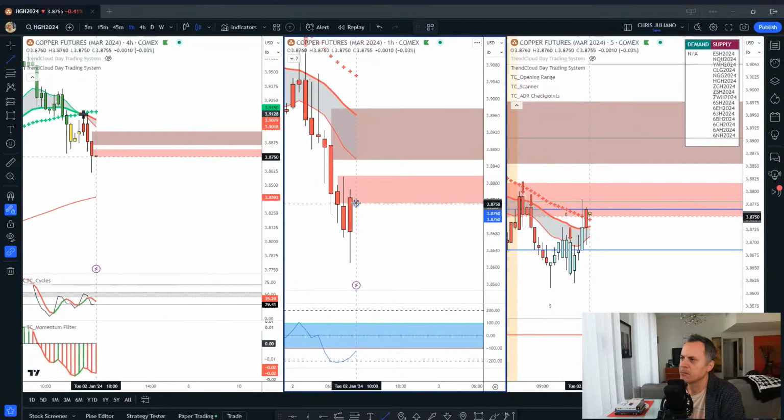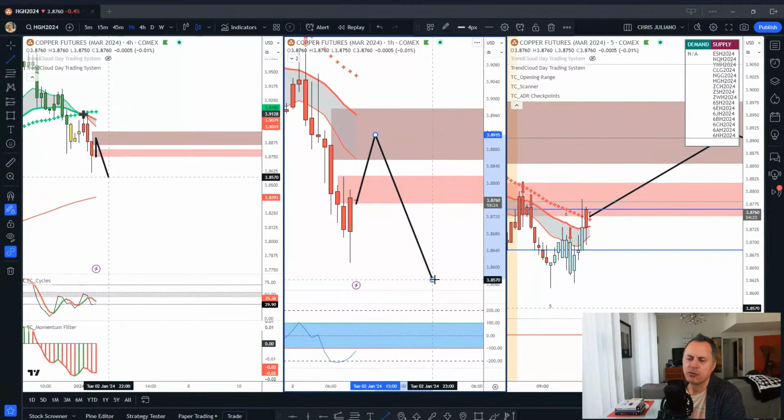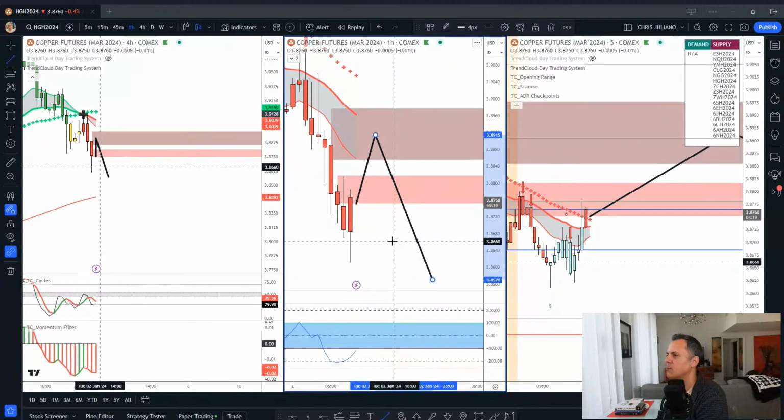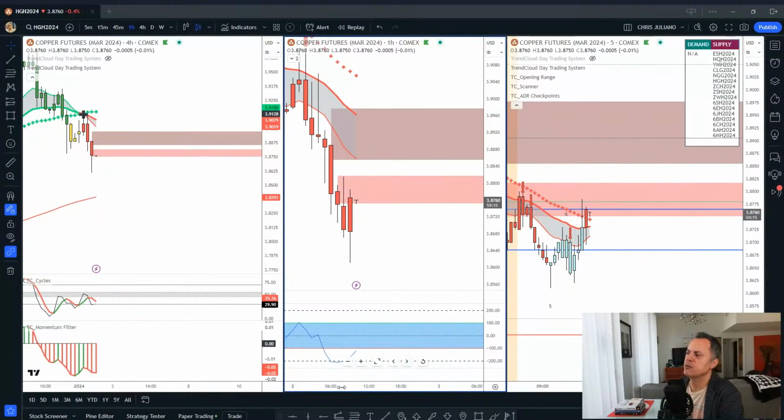Pull back into the trend cloud, impulse down. We don't know when or if that's going to happen. All we know is that's what this thing likes to do. And when you're dealing with those lower time frames, you've got to take the money while it's on the table. It's only a 5-minute chart we're looking at.